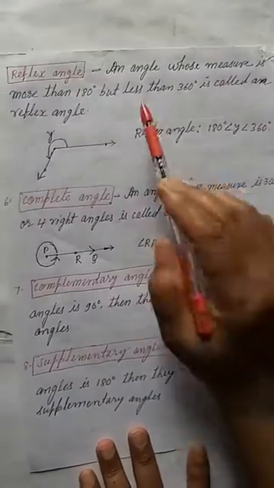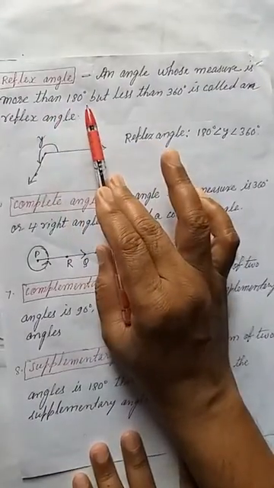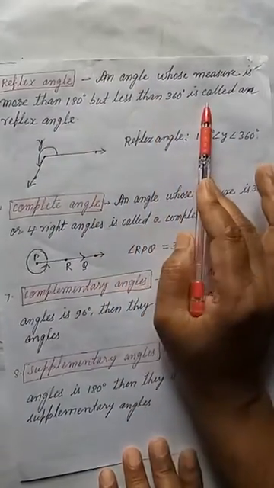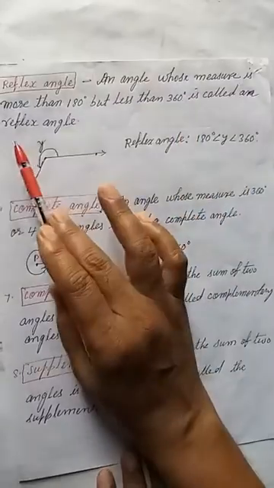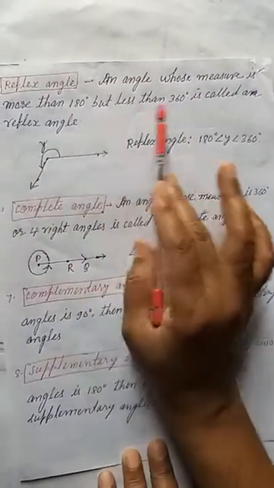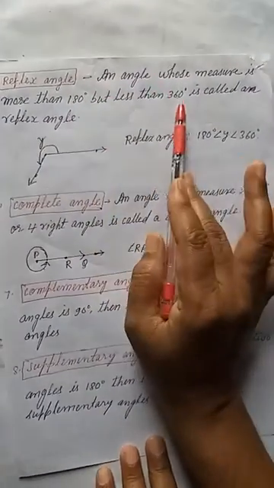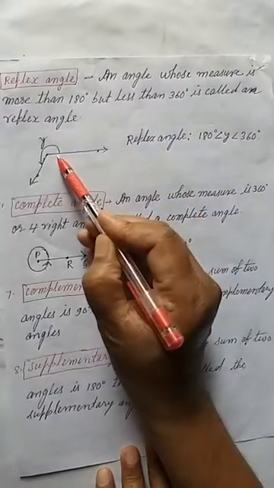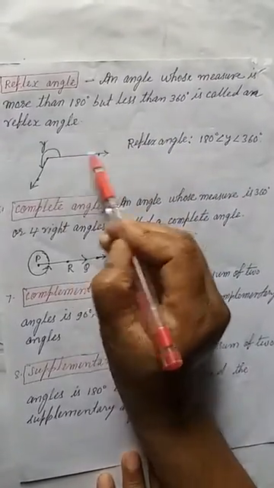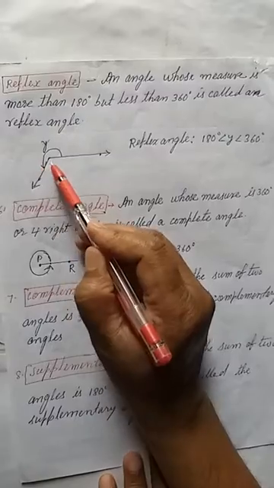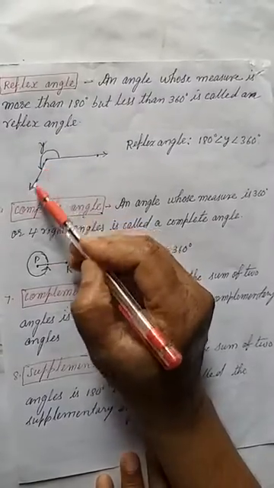Now reflex angle: an angle whose measure is more than 180 degrees but less than 360 degrees is called a reflex angle. Just like the obtuse angle, but here it is 180 degrees and 360 degrees. This is the figure. This is the initial ray, and after rotation you can make here, this is the final ray.